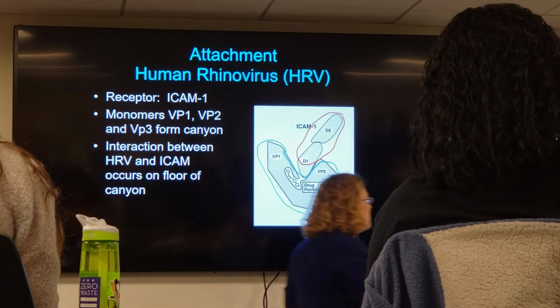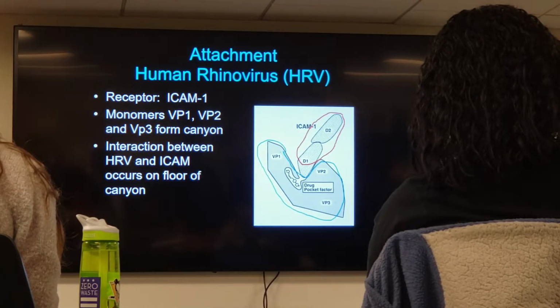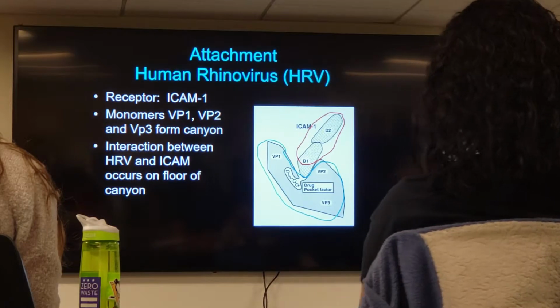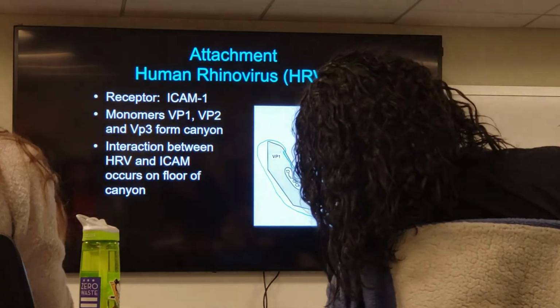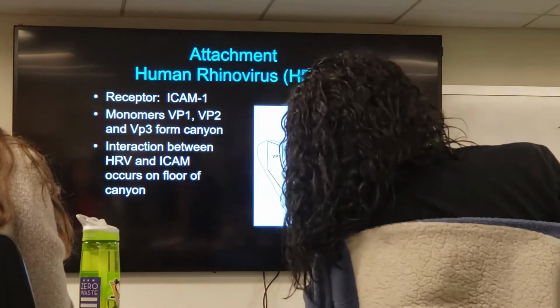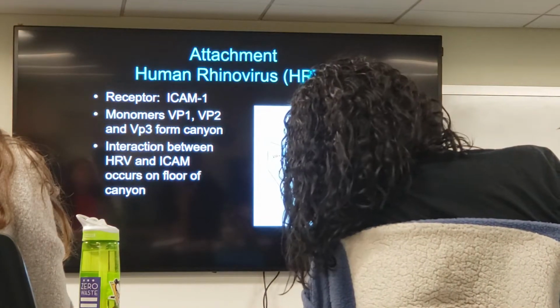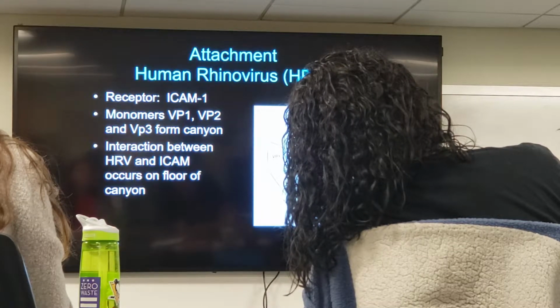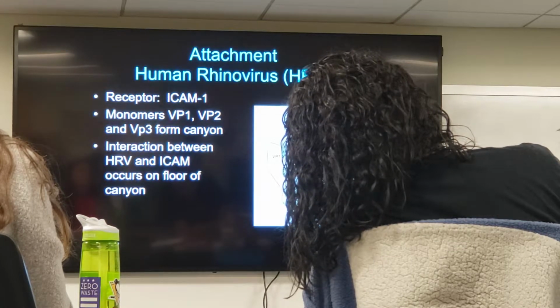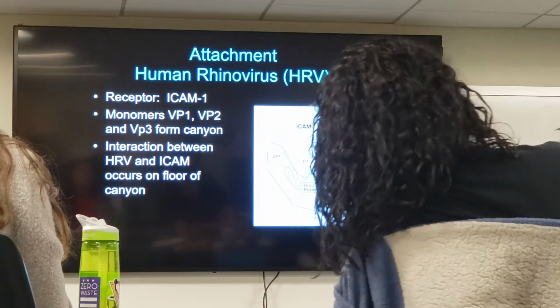So what if I am a virus? This is virus, and what if this is my VAP and my antigen is right here? What problems do you think that might present for me?